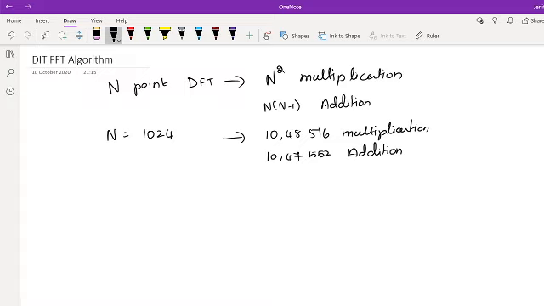So, several algorithms have been developed to reduce the computational burden and ease the implementation of DFT. The algorithm developed by Cooley and Tukey in 1965 is the most efficient one and is called the fast Fourier transform. In decimation in time, decimation means division. It divides the time sequence into smaller point DFTs.